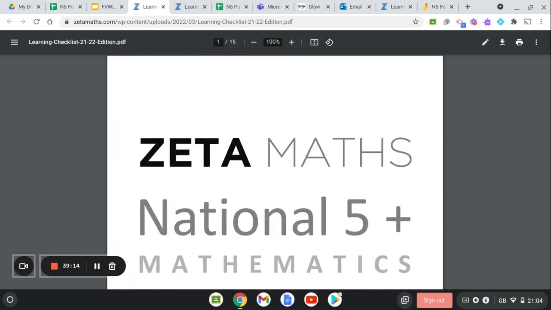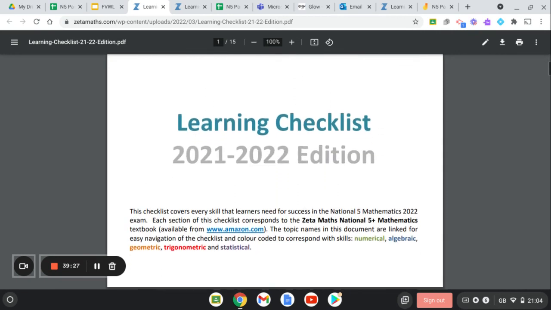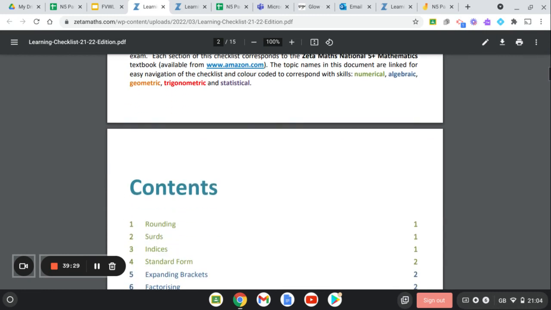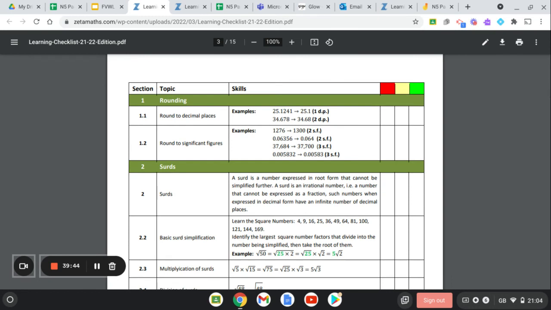Okay. Another great resource that David Cleland spoke about in his video was the Zeta Maths checklist for National 5. So it might be a good idea to download this. You'll get this from either the link within this PowerPoint, or you can go onto the Zeta website yourself, download it, print it off, and then you can just use it to assess how well you know these things.